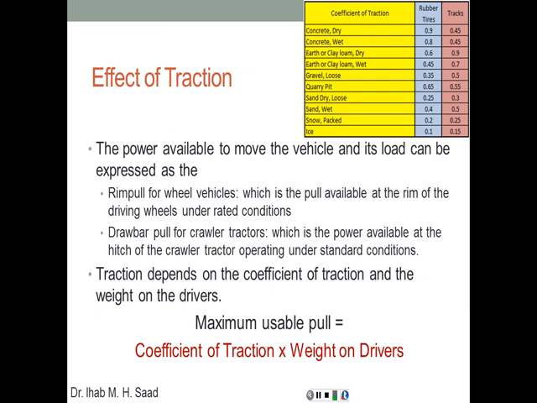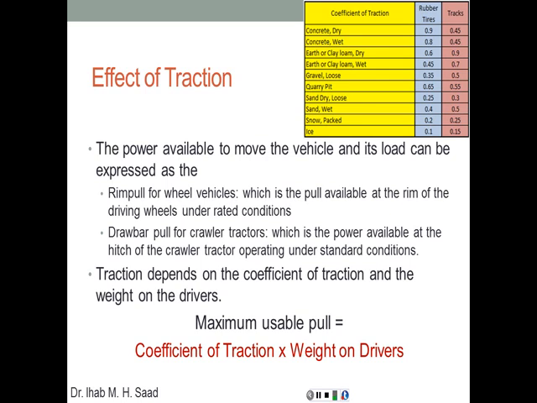The driving wheels, some equipment are four-wheel drive, some of them are two-wheel drive, some of them have more than two moving axles. So an equipment might have 3 axles, for example, 2 of them are moving axles. So in this case, we're going to calculate that pull available at the rim of the driving wheels, which is the moving axles. If that equipment runs on tracks, then it's going to be called drawbar.